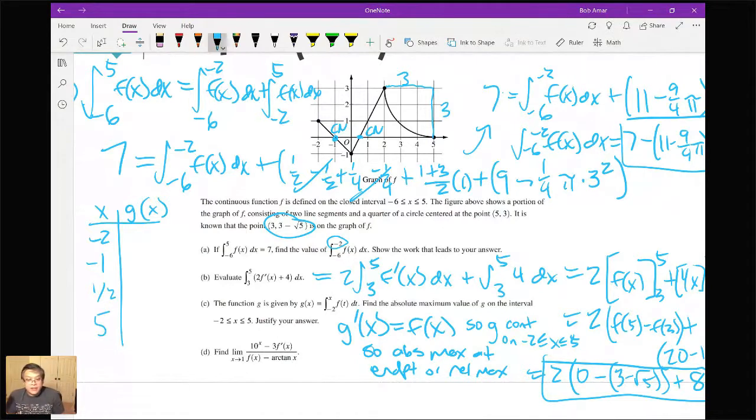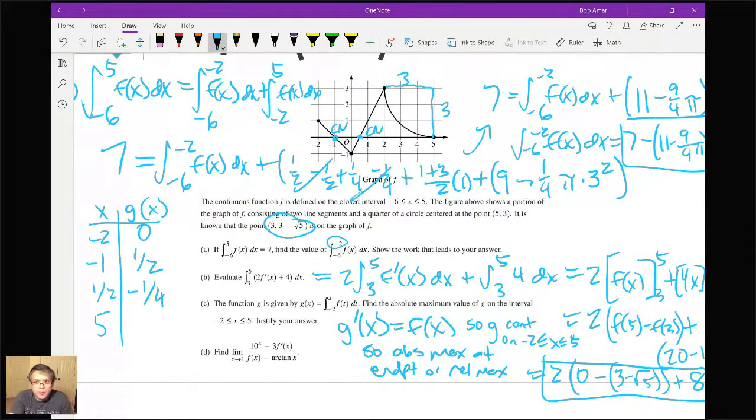So g of x is the integral from -2 to x of f of t. The integral from -2 to -2, that's 0. The integral from -2 to -1, that's positive 1/2. The integral from -2 to 1/2, that's going to be -1/4. And then you get all the rest of this.